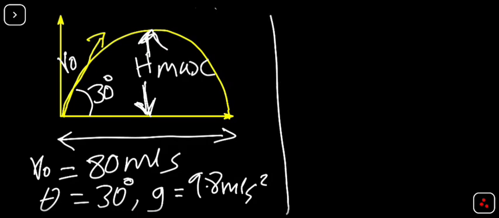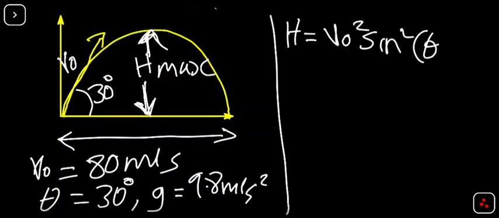So for the maximum height, we use the formula H is equal to V naught squared sine squared theta over 2g. Okay, so you're supposed to know these formulas by heart.